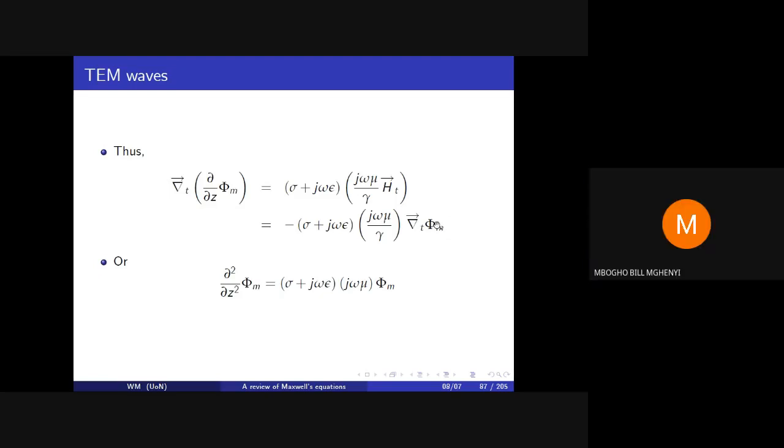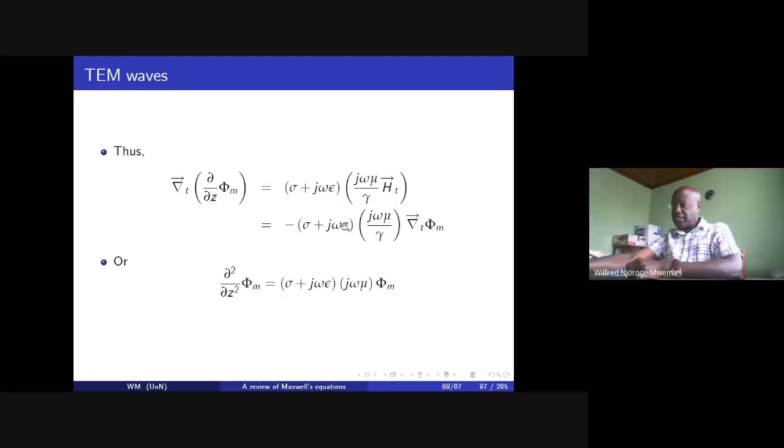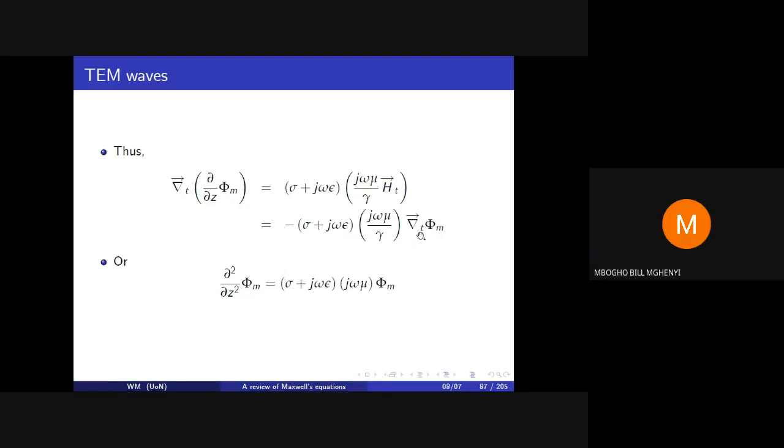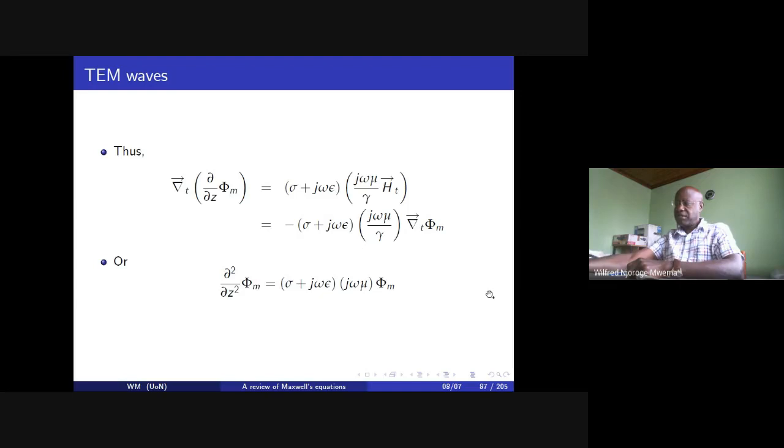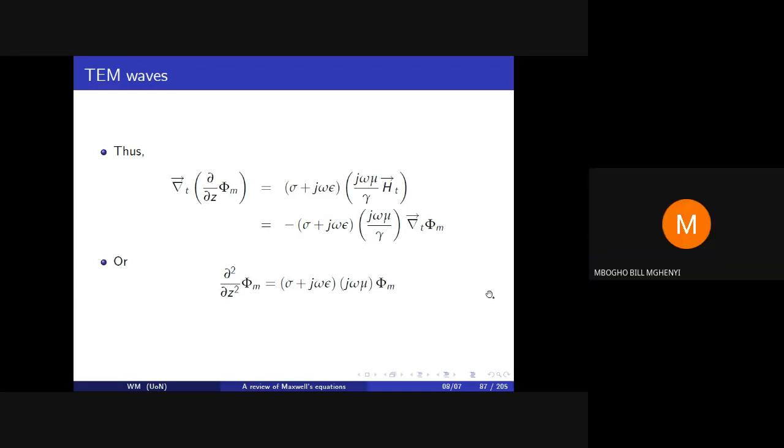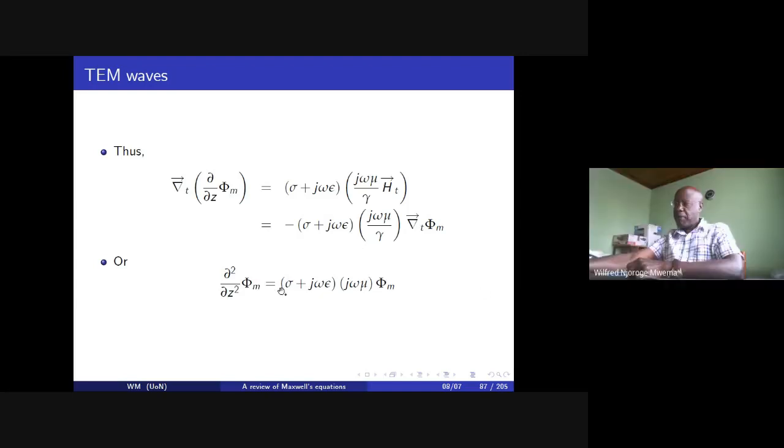Since this one does not depend on the spatial coordinates, we have put it outside. It's just like multiplying by k, and therefore that del operator there is the same as this del operator here, so it can be dropped out. Oh, okay, thank you. Yeah, that's why I'm multiplying it by k.